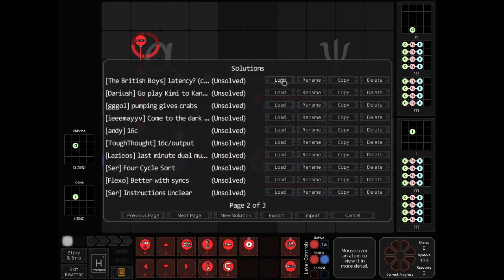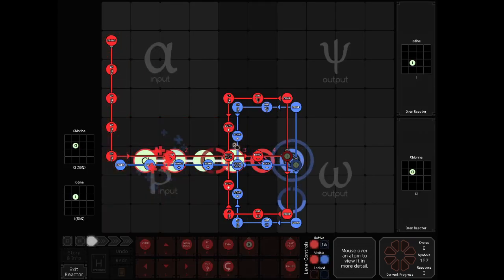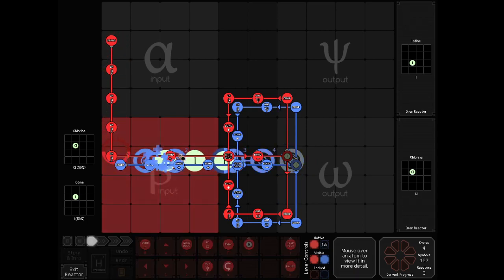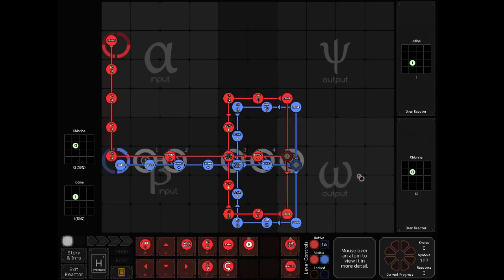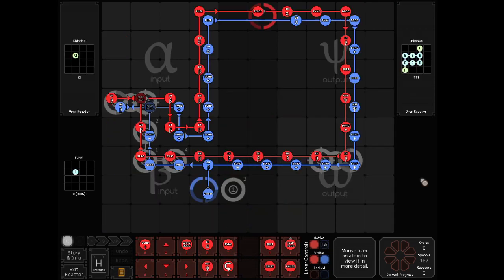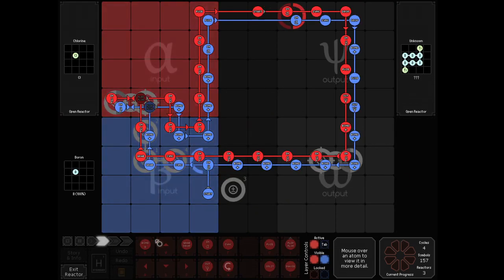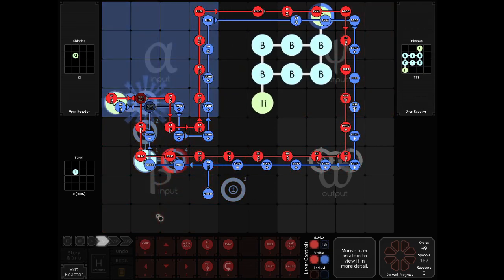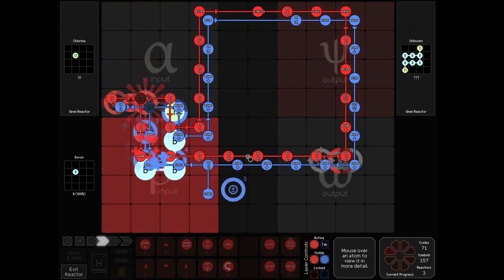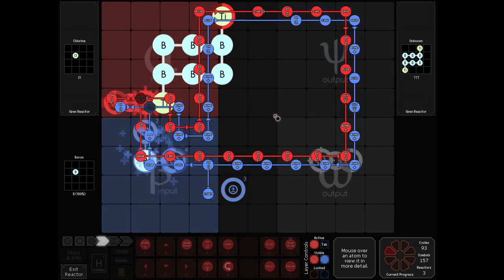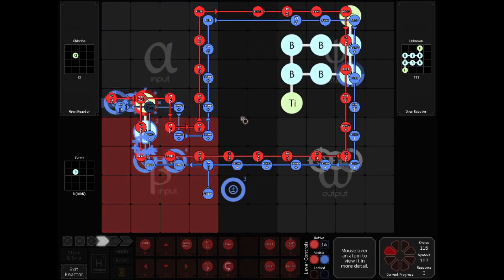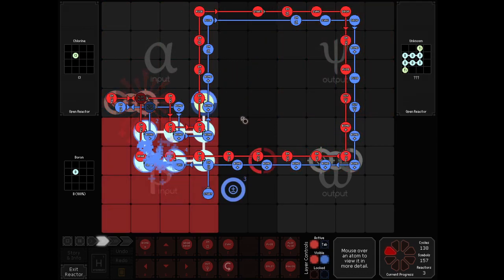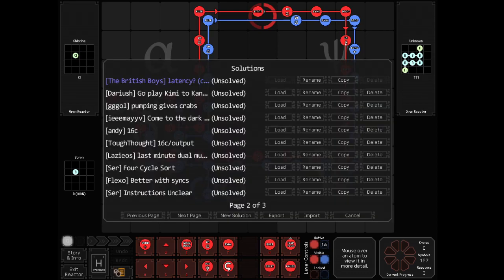But comparatively, in British Boys' solution they both have to delay a bit, but a little bit less because there's no iodine pullouts, but that means they'll have to deal with the chlorine issue, which some people ran into, which is not having enough chlorines at a certain point. And I think that just means that possibly the latency had to be put far enough back that the lack of chlorine wouldn't cause a clog on an input command.